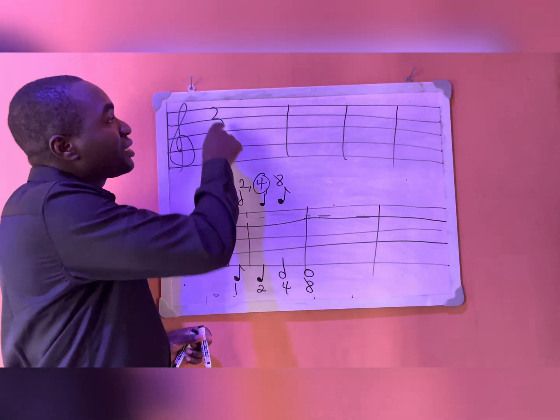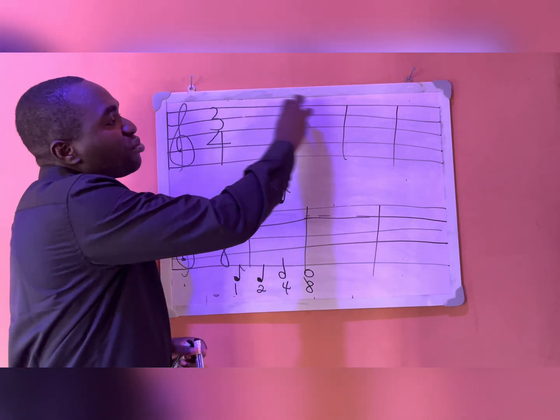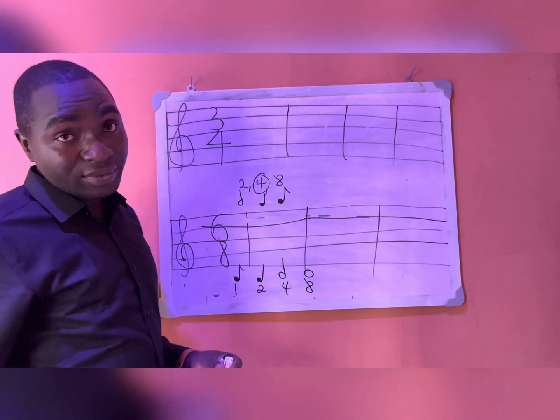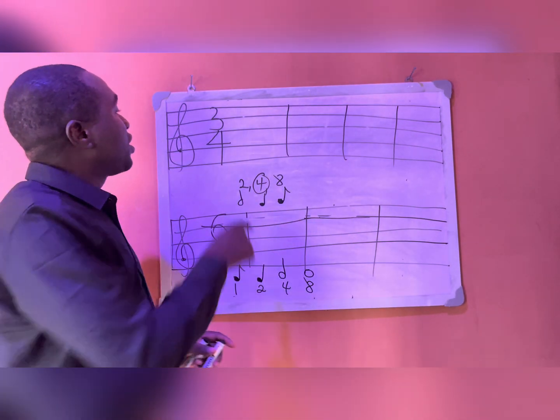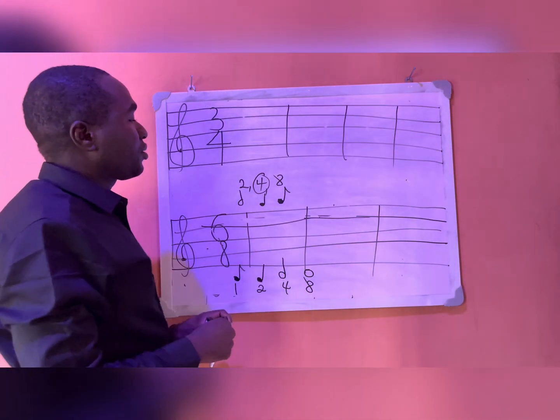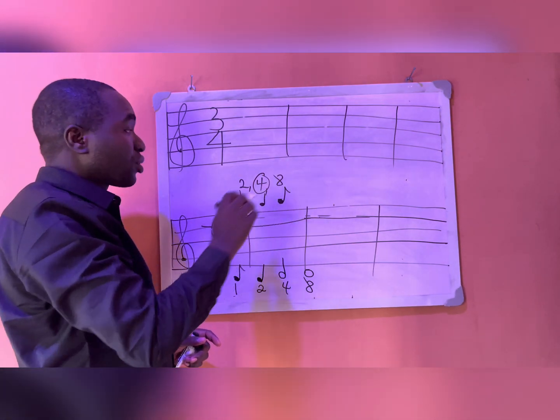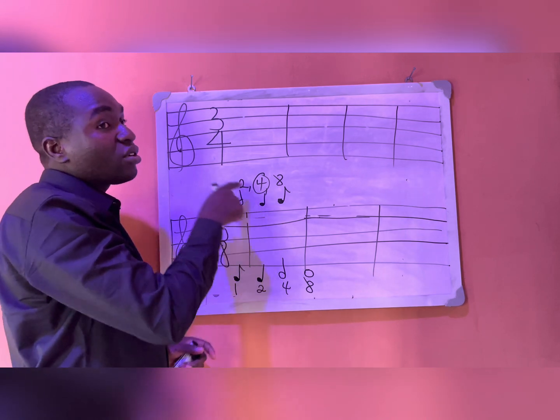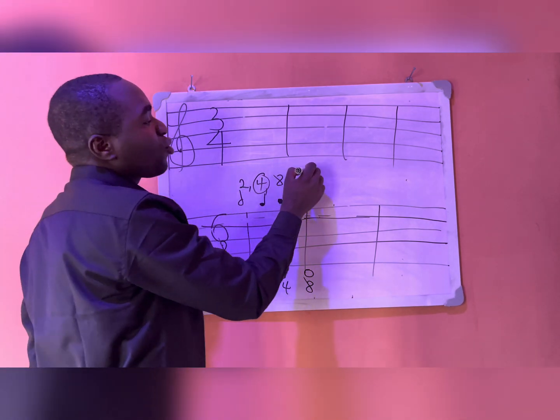Remember, this 3 above tells us that in each measure, in each bar, there must be 3 beats, if you sum up the value of the notes. Now, the 4 below is telling us that the music is written in crotchets. That means under this music, crotchet is taking 1 beat.